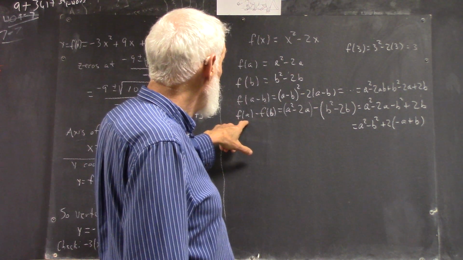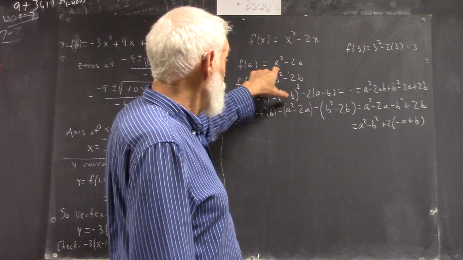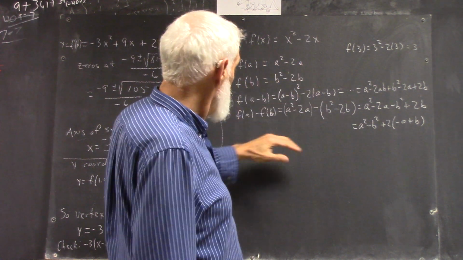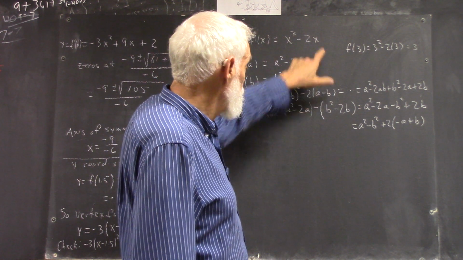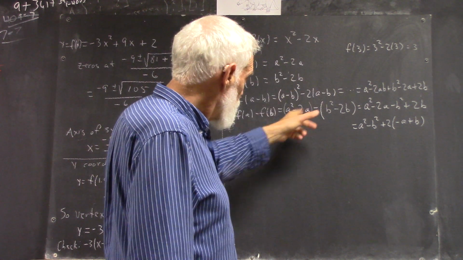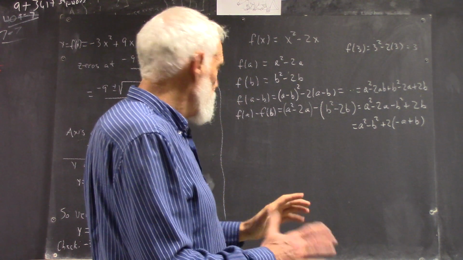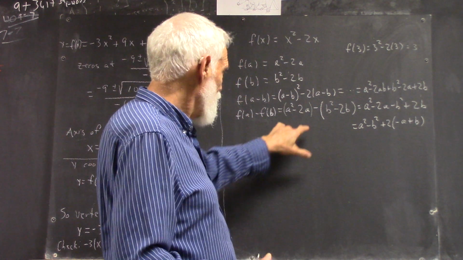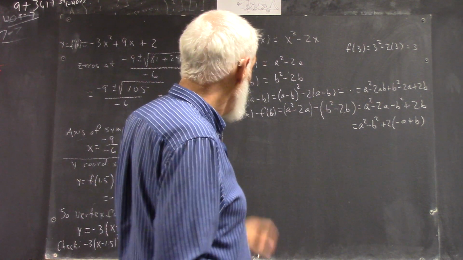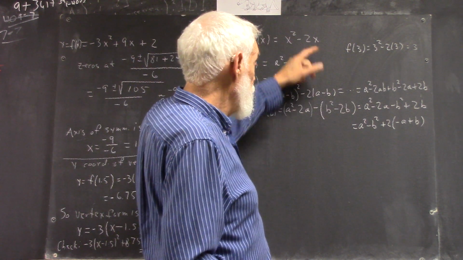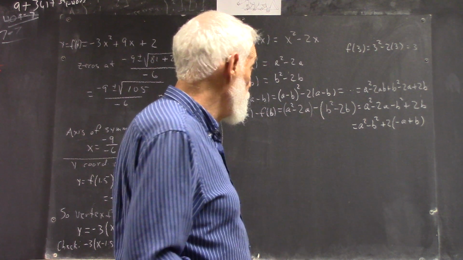Well, f of a, we found it here, is a squared minus 2a. Now put parentheses around this, just because that's one chunk of it. That parenthesis is more or less optional. F of b, replace the x's by b, we get b squared minus 2b.